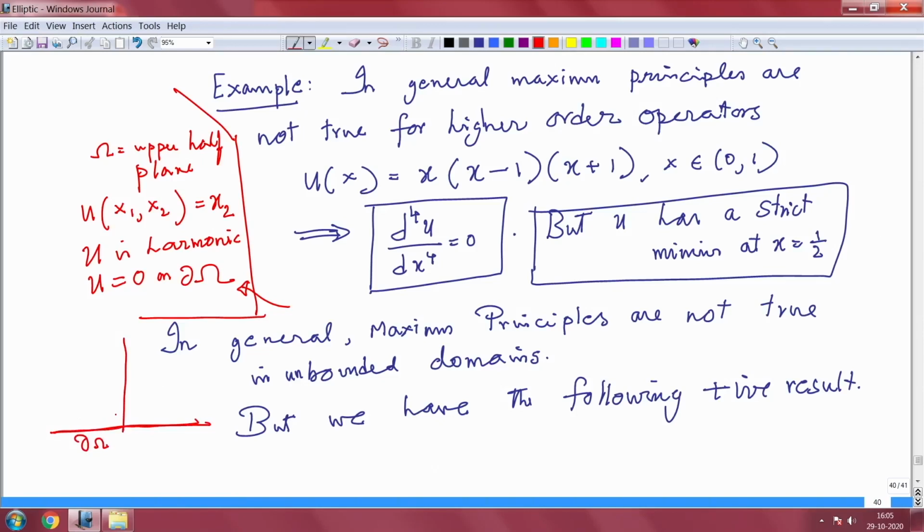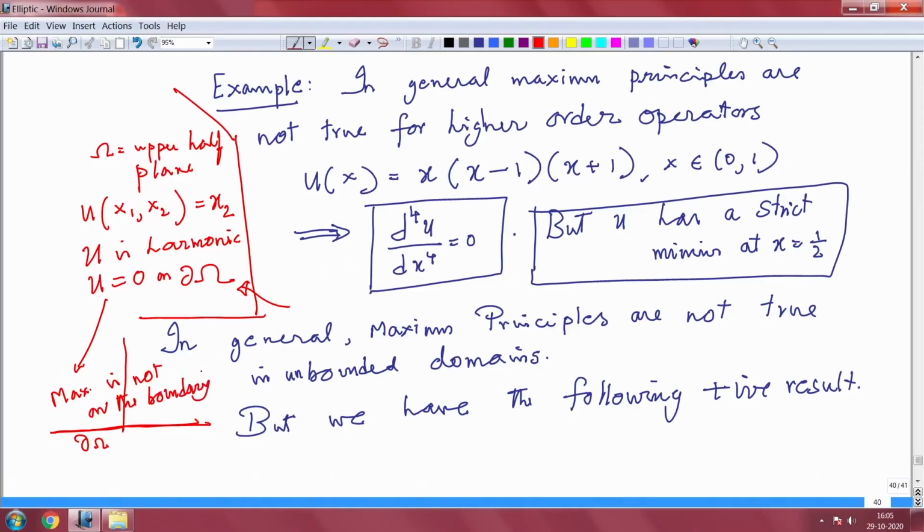So, the maximum is not on the boundary. You see u(x1, x2) = x2 increases as x2 increases, so the maximum is not attained on the boundary. You can have this in an unbounded domain.